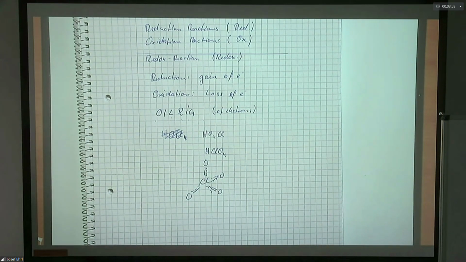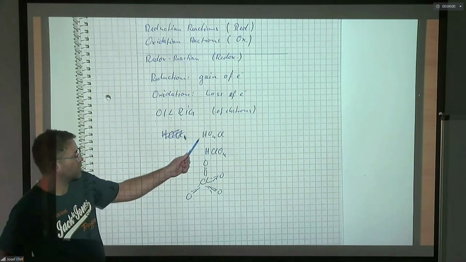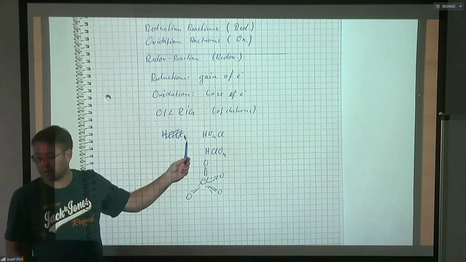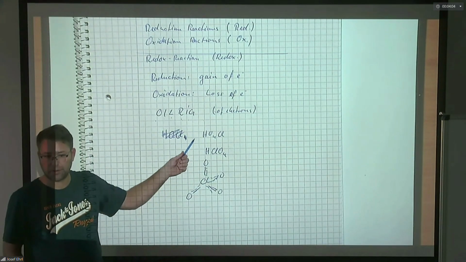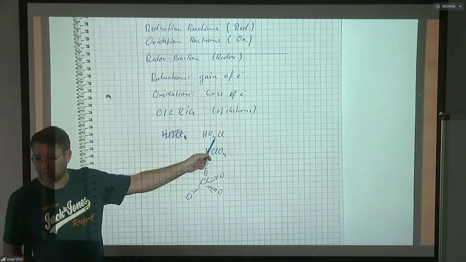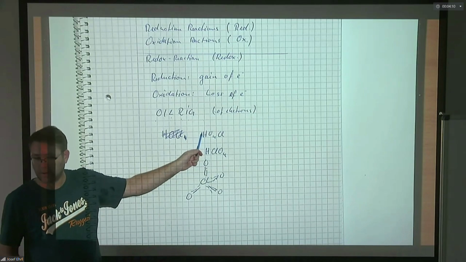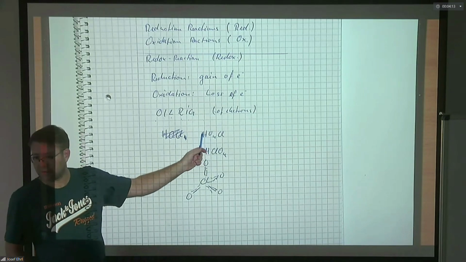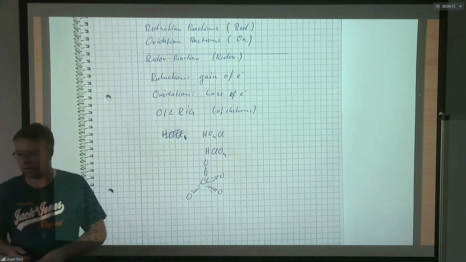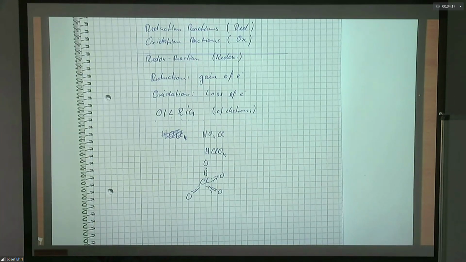And calculation-wise, the rule that oxygen has the oxidation number of -2 applies there. So we have a total of -8 from oxygen, plus +1 from the hydrogen, leaving -7. So chlorine needs to have the oxidation number of +7.